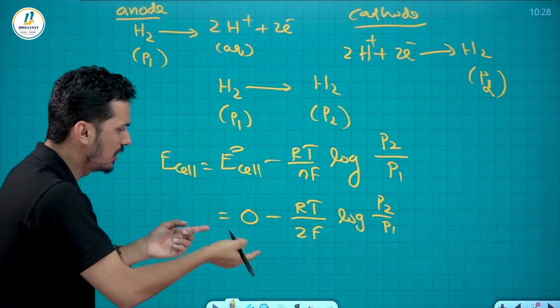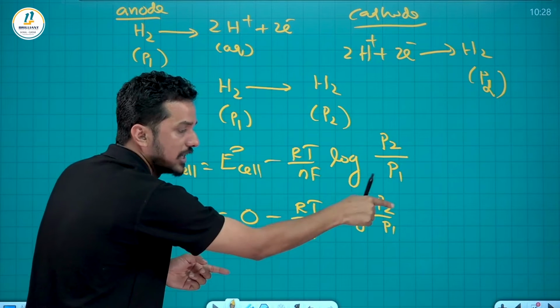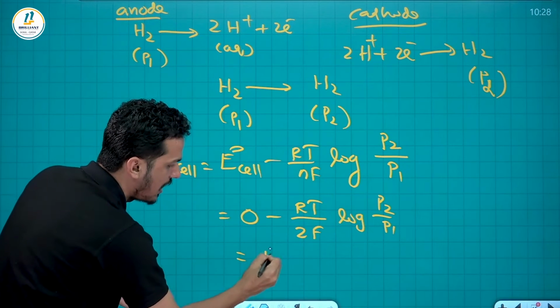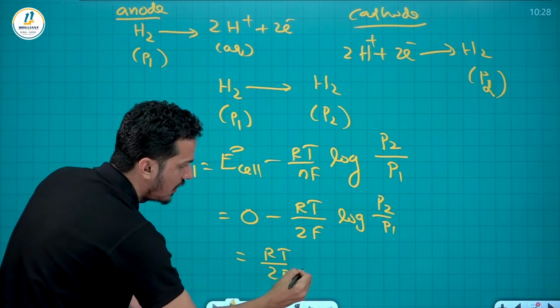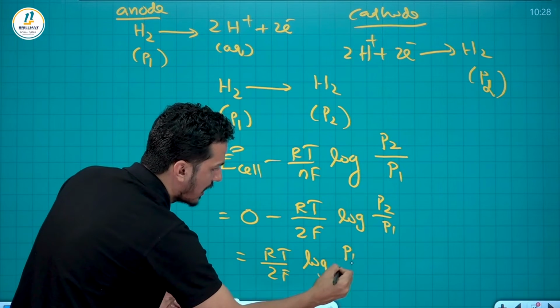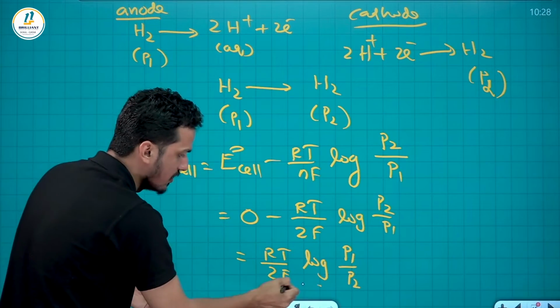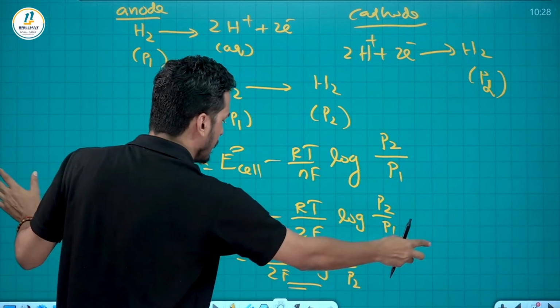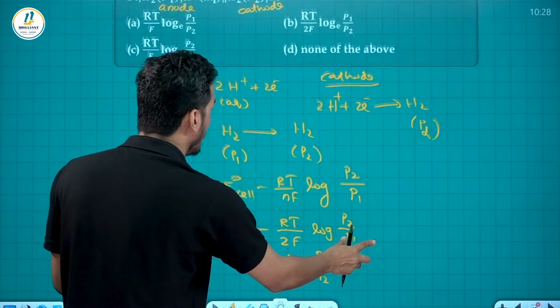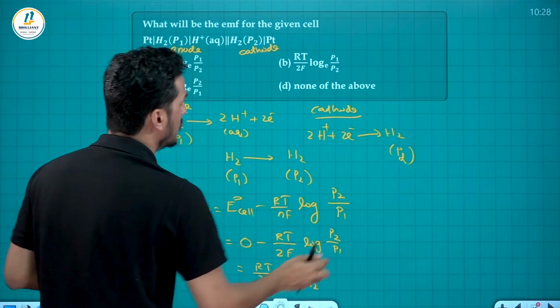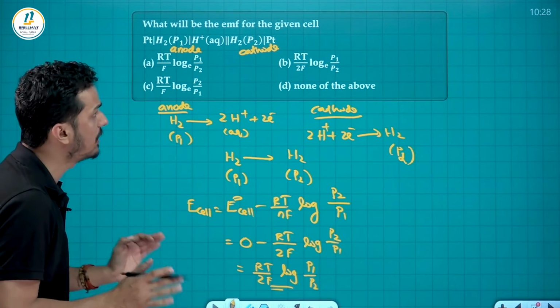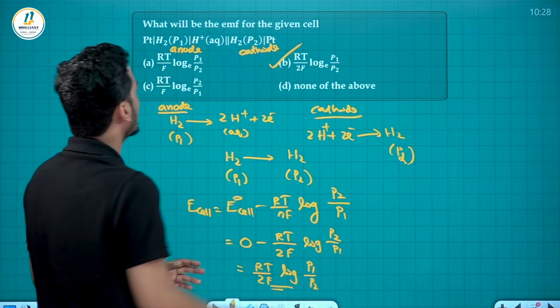I want to write it in positive terms, so I have to take the reverse. That becomes RT by 2F log P1 by P2. The minus will come out and become positive. So RT by 2F into log P1 by P2. So option B is the correct answer.